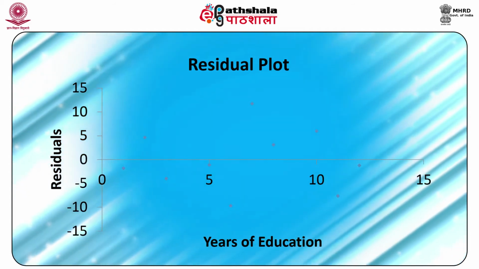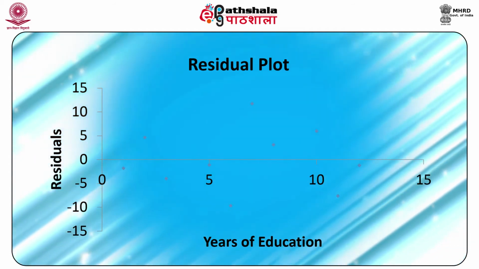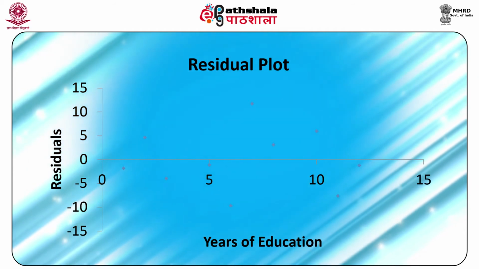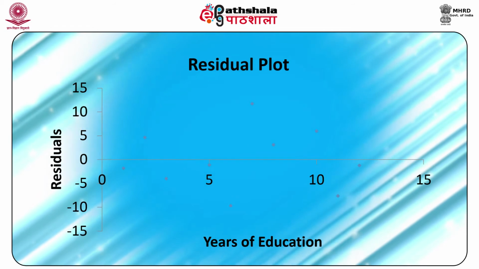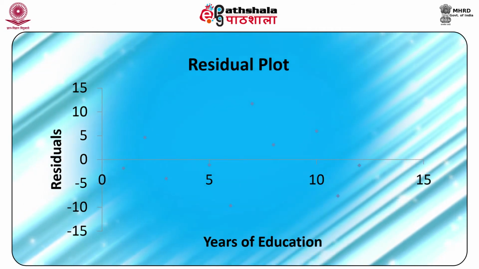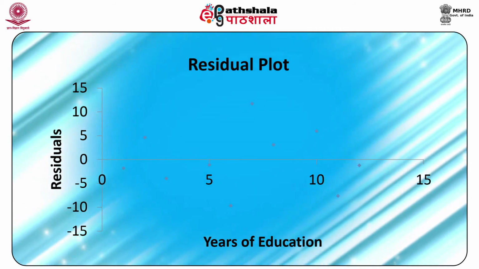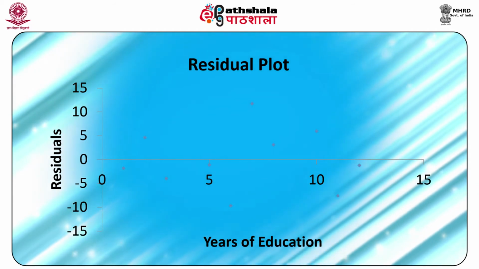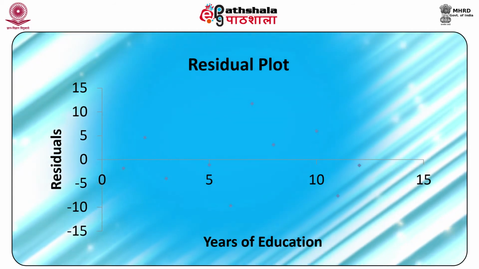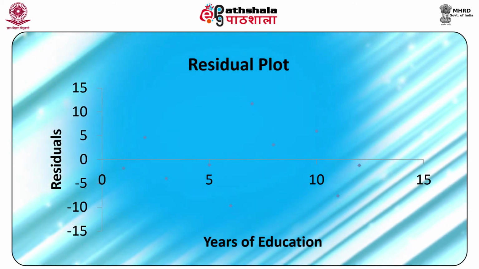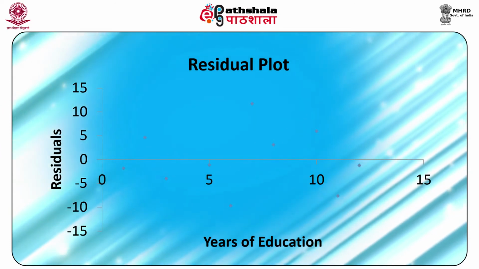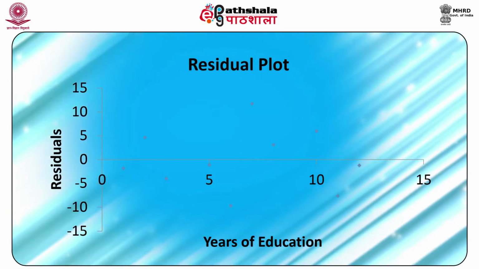The error terms obtained as the difference between the actual y and estimated y values show no systematic pattern. That is the implication of this assumption of zero covariance. So if you plot the residual values, where we have on the x-axis the years of education, on the y-axis residual, then we can have a look at the pattern which is showing in this diagram.